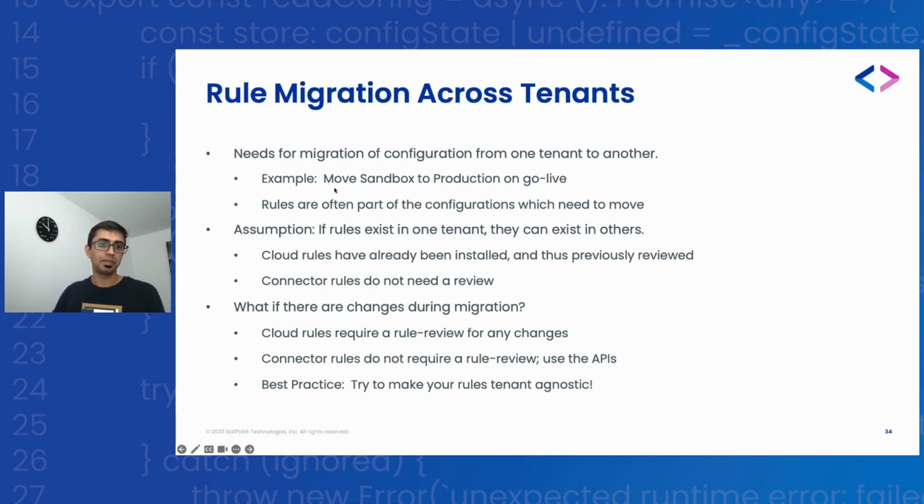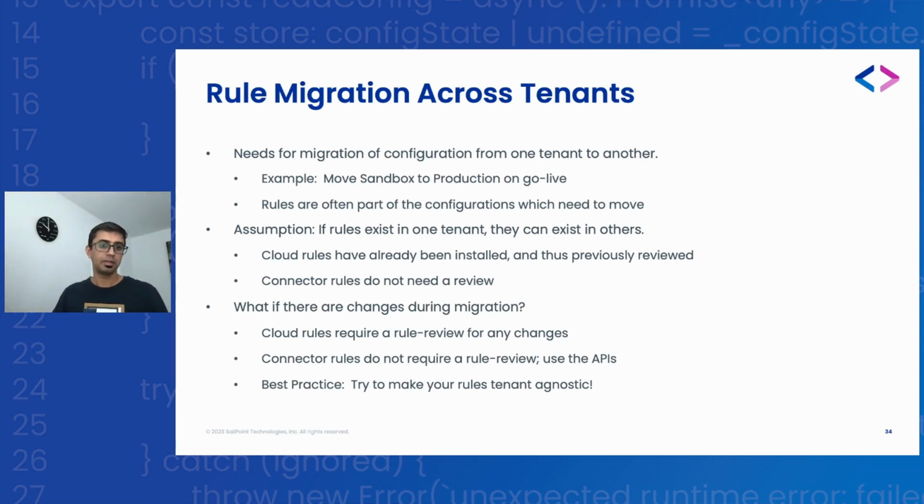Similarly, we need to migrate the rules. If it is a connector rule, we can leverage an API to migrate from sandbox to prod. But if it is a cloud rule, the cloud rules also need to be migrated.